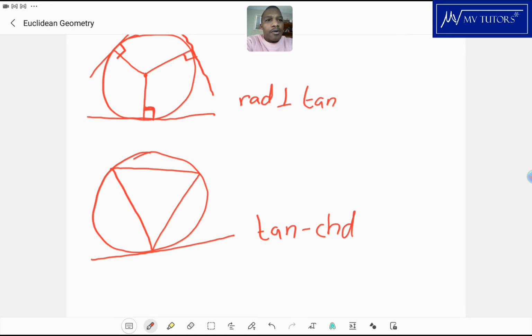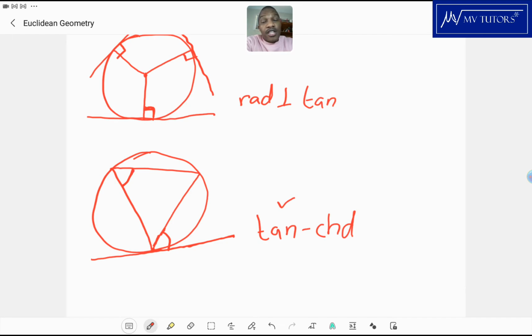It says that the angle between the tangent, which is down here, and the chord, let's say we're dealing with this chord, is equal to the angle opposite that particular chord. So the angle opposite this particular chord, the angle it's touching, is this one.